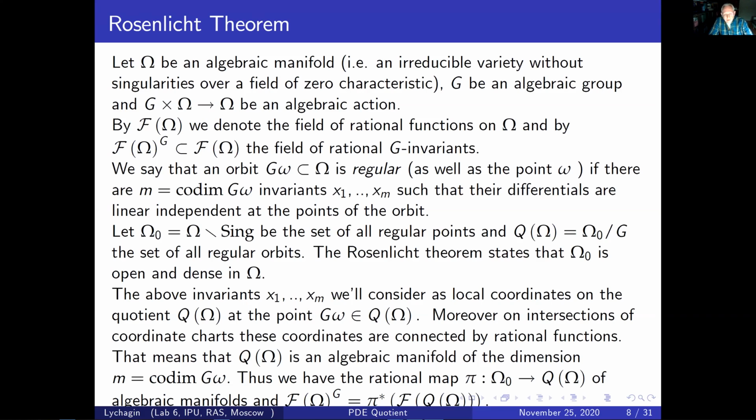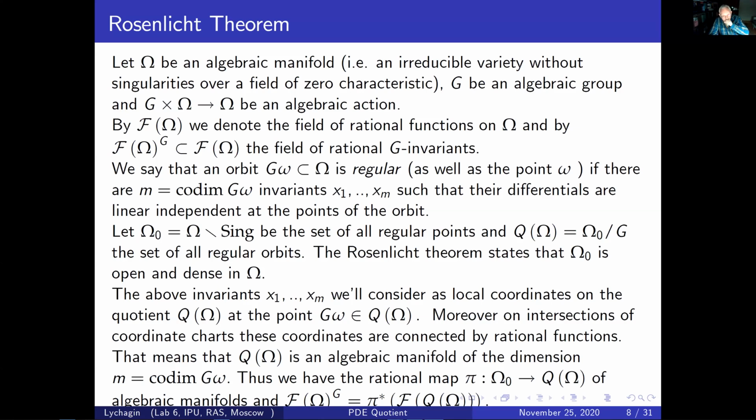In terms of our capital omega, functions on the factor are just invariants, and the condition that some number of invariants will be coordinates at the point G omega simply means that the differentials should be linearly independent, at least at the point of our orbit.